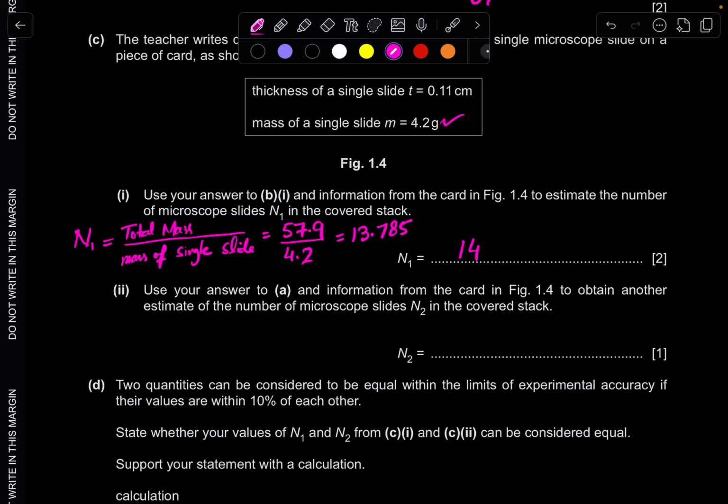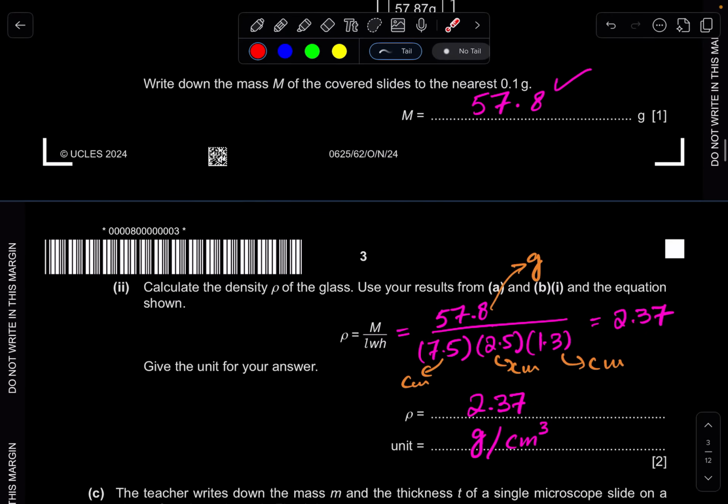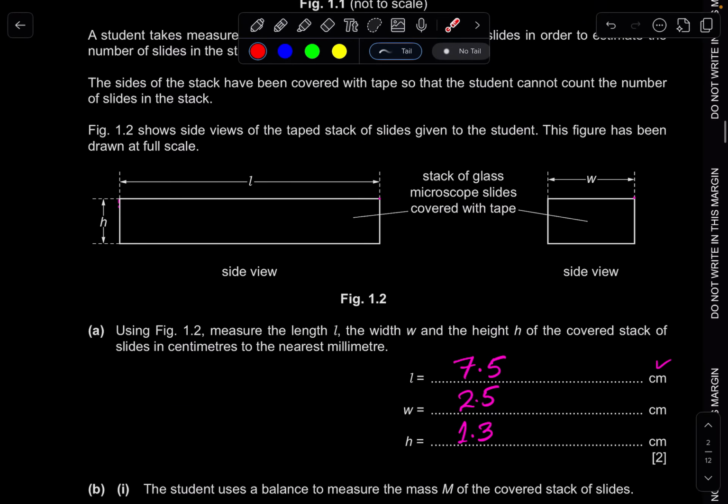In the next part, what they're asking: use your answer to A and information from figure 1.4 to obtain another estimate of the number of slides. Okay, so we have to make another estimate. What information do we have? We have the thickness of a single slide, this is the thickness for the single slide, and we have above the thickness of the total stack, right?